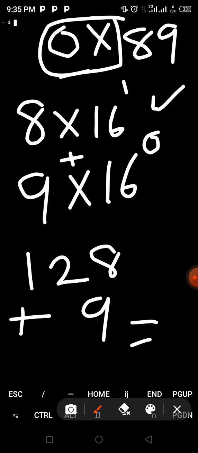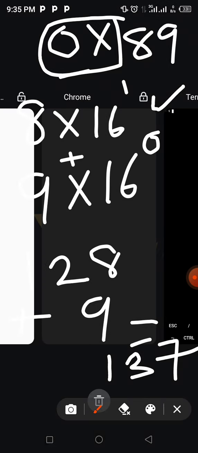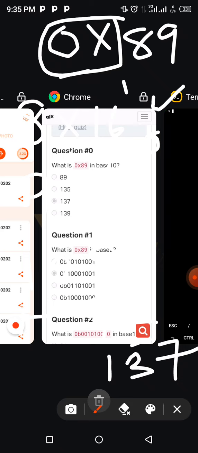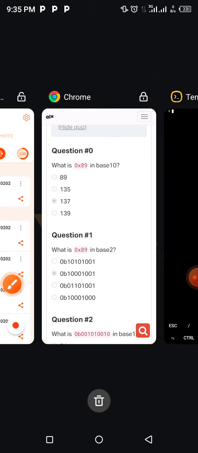You're going to add this to that. So that's going to be 137. So you see our answer is 137. So if you go to check, we should have 137.